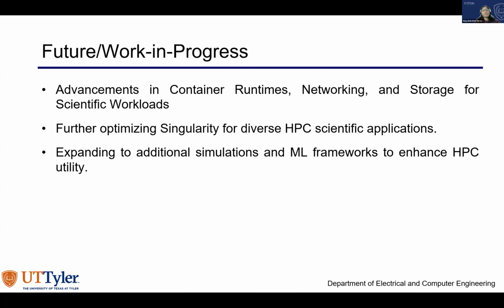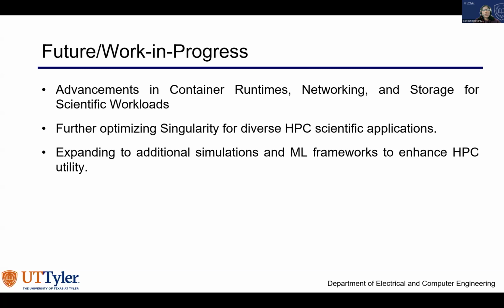So yes, for the future work, as I mentioned, we want to optimize Singularity for diverse high performance scientific applications, because right now we have access to one data set. We have tested with the NWChem data. Currently we are working on the OCP data, the Open Catalyst Project data. We are planning to expand to additional simulation and machine learning frameworks to enhance our HPC utilities.